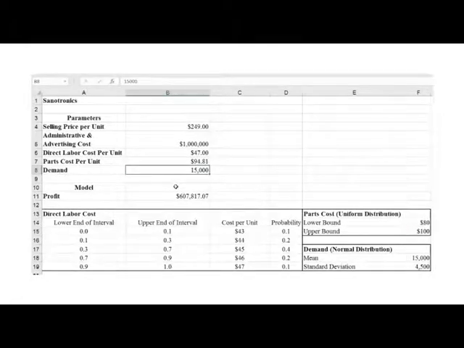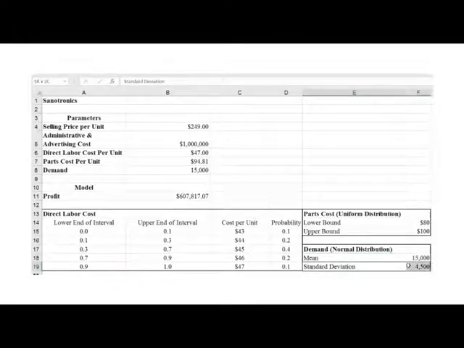Currently, the value of demand for the new medical device that Sanotronics is producing is set to 15,000, as shown here in cell B8. However, the value of this parameter is uncertain. Sanotronics believes that the demand is an uncertain value from a normal distribution with a mean of 15,000 and a standard deviation of 4,500.